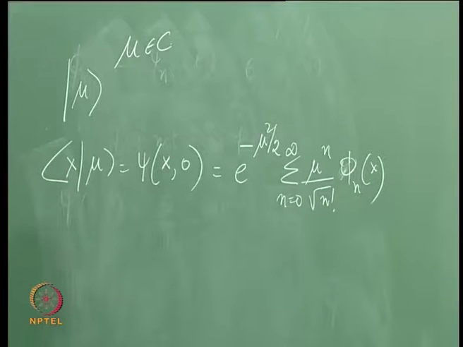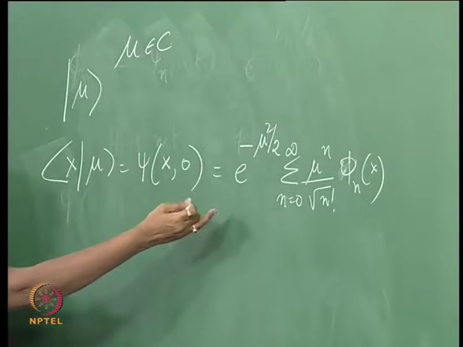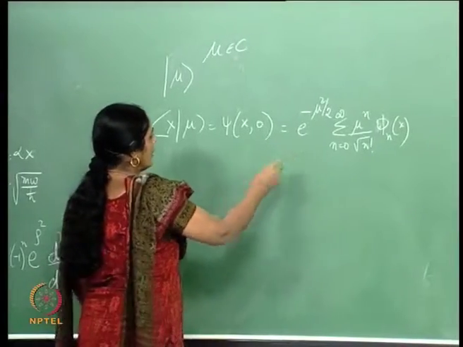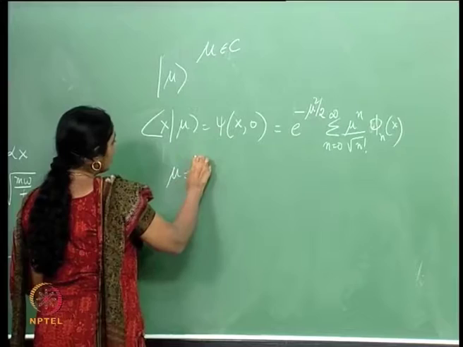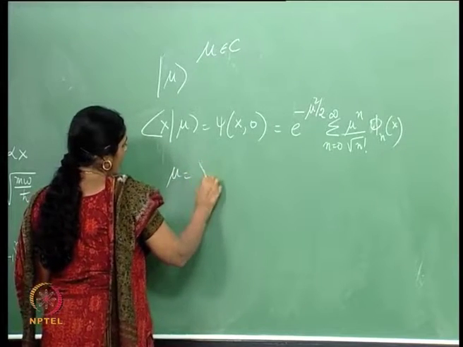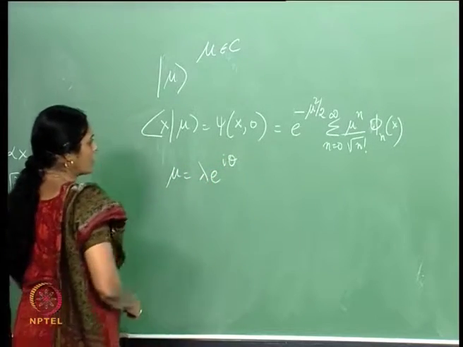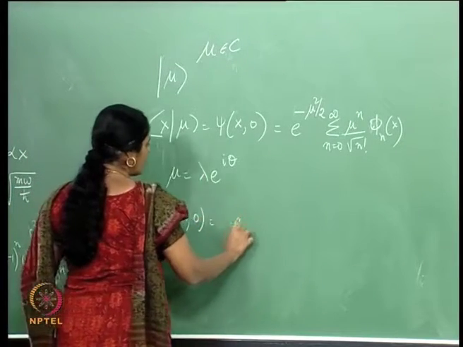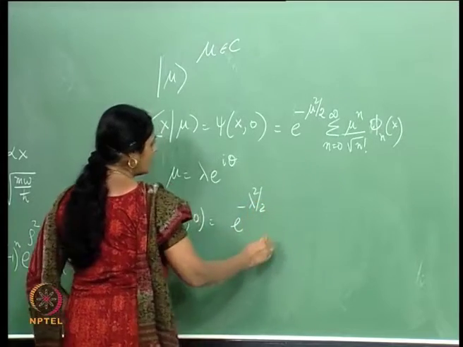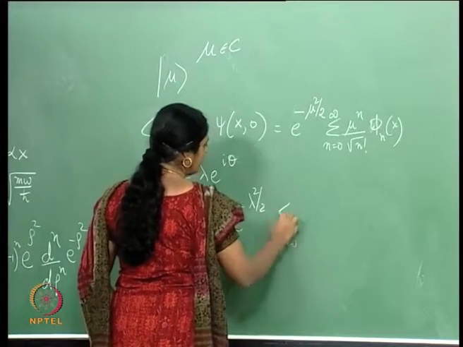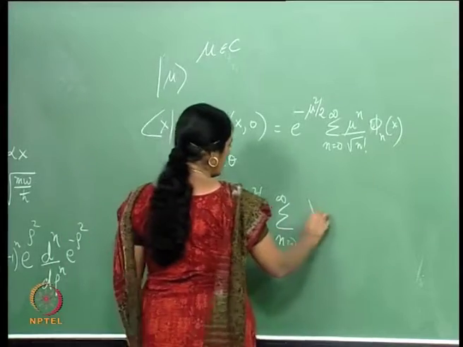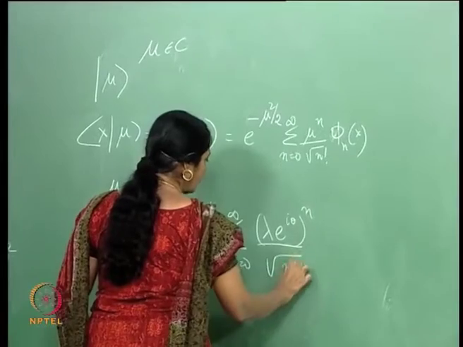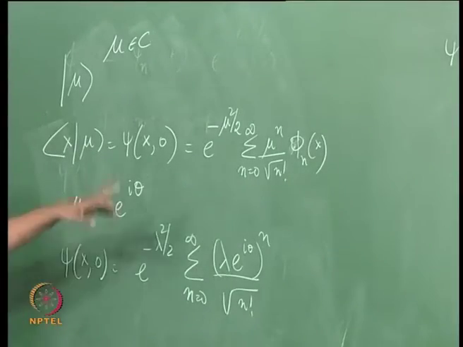This too is a minimum uncertainty state as we have seen, and if I write mu as some lambda e to the i theta, because it is a complex number in general, psi of x0 in this problem is e to the minus lambda squared by 2 summation n, which goes all the way to infinity, lambda e to the i theta to the n by root n factorial times phi n of x.